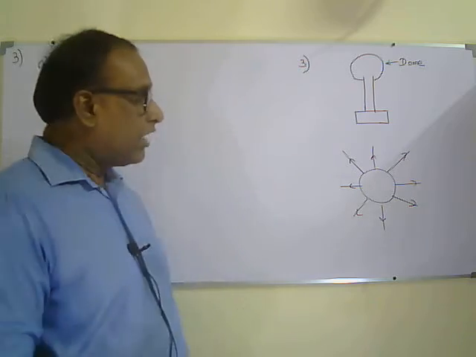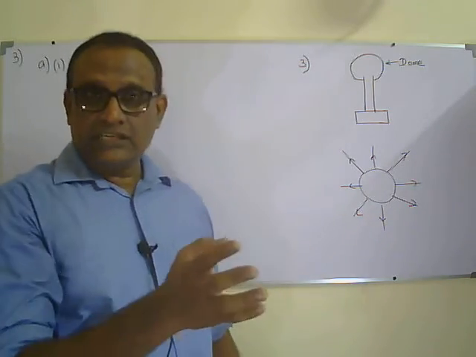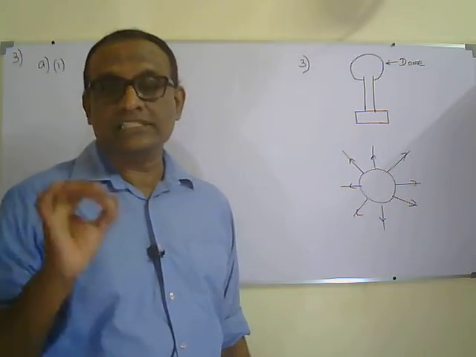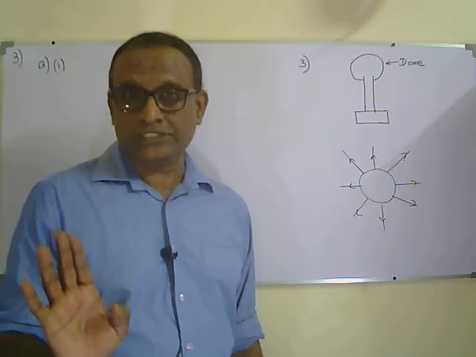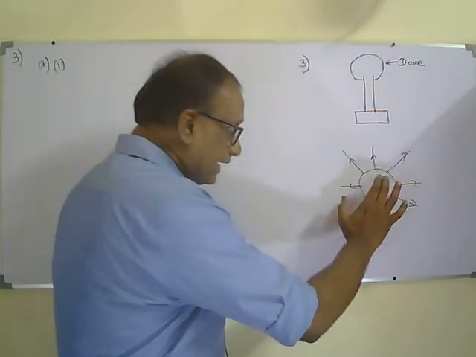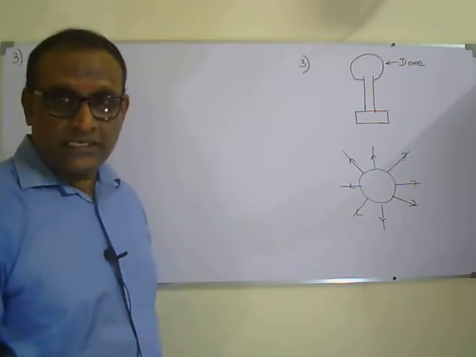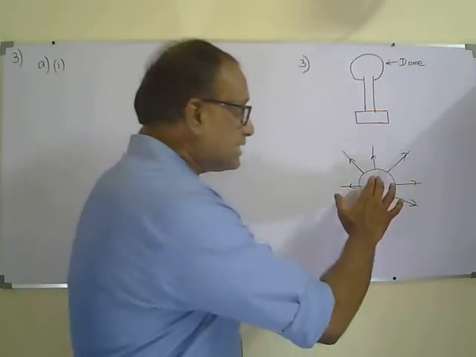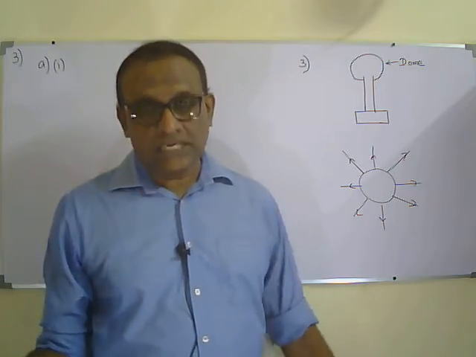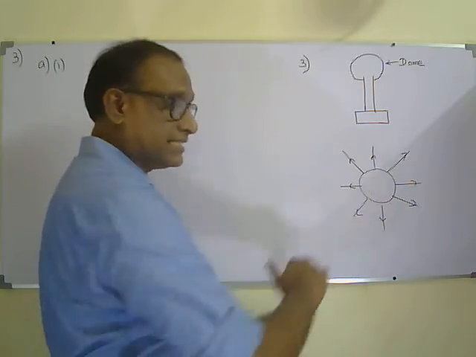After you charge it, the charge stays on its surface, and that is static charge. Electrostatic, we call static charge. So that means they are not in motion. There are no charges inside the dome. So if there are no charges inside the dome, there is no force acting on the charges, and all the charges are at rest.